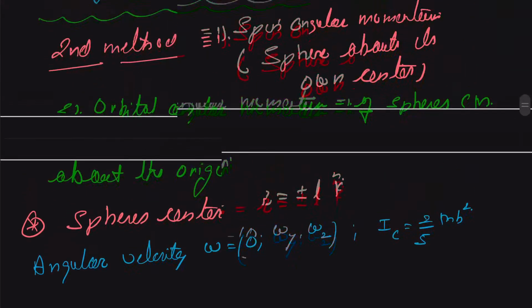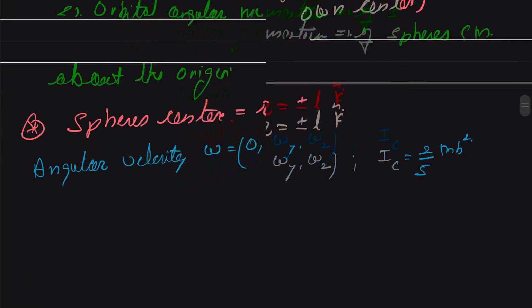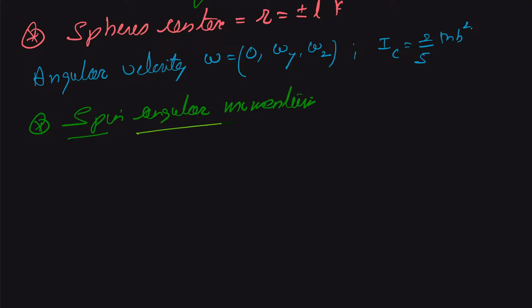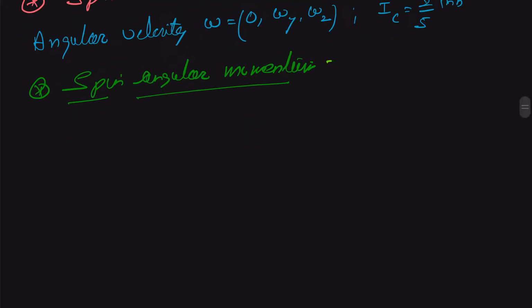So let us solve for our spin angular momentum. The formula is quite standard: L spin is Ic multiplied by omega.